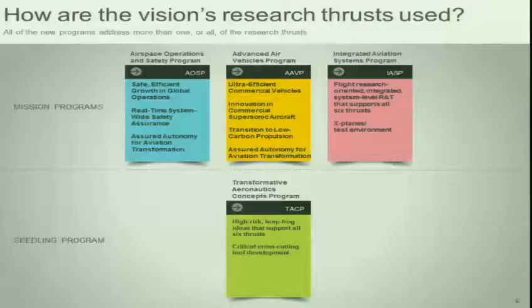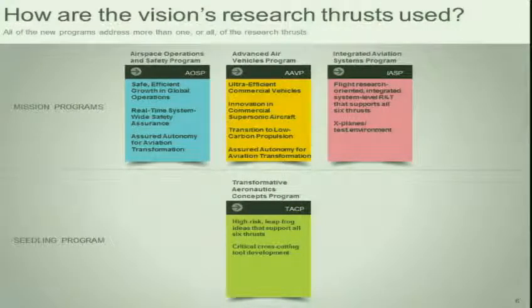And so here's the alignment that I was talking about. The Airspace Operations and Safety Program is taking primary ownership of three thrusts: safe, efficient growth in global operations, real-time safety, system-wide safety assurance, and assured autonomy for aviation transformation.